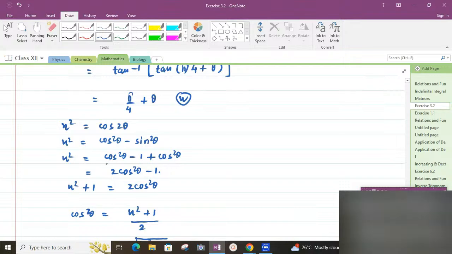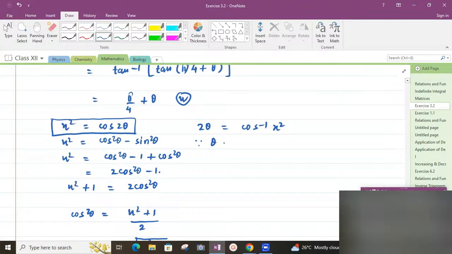From this step we get directly 2 theta equal to cos inverse x square.